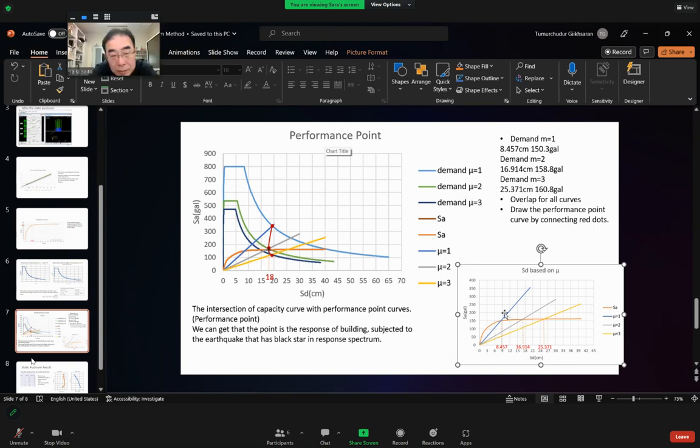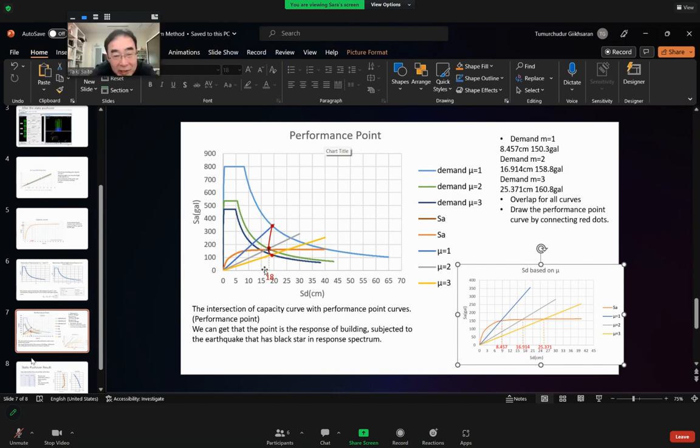And from this graph we can see the performance point, which is concluded where the demand spectrum meets the capacity curve.